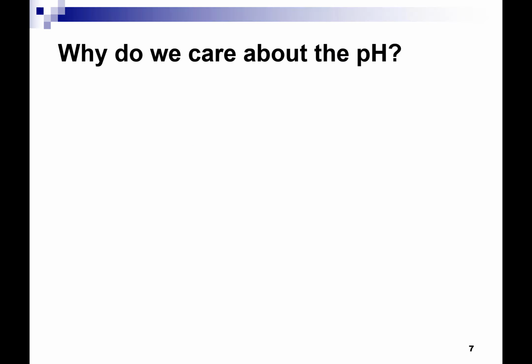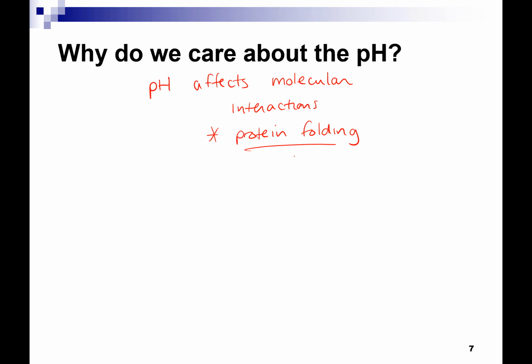All right, so why do we care about pH? So pH affects molecular interactions, and especially protein folding. If you watched the macromolecules lecture, we talked a little bit about the effect of pH on protein folding. We've used this for many, many years to preserve food. So vinegar is very acidic, and we call it pickling food, like pickles.